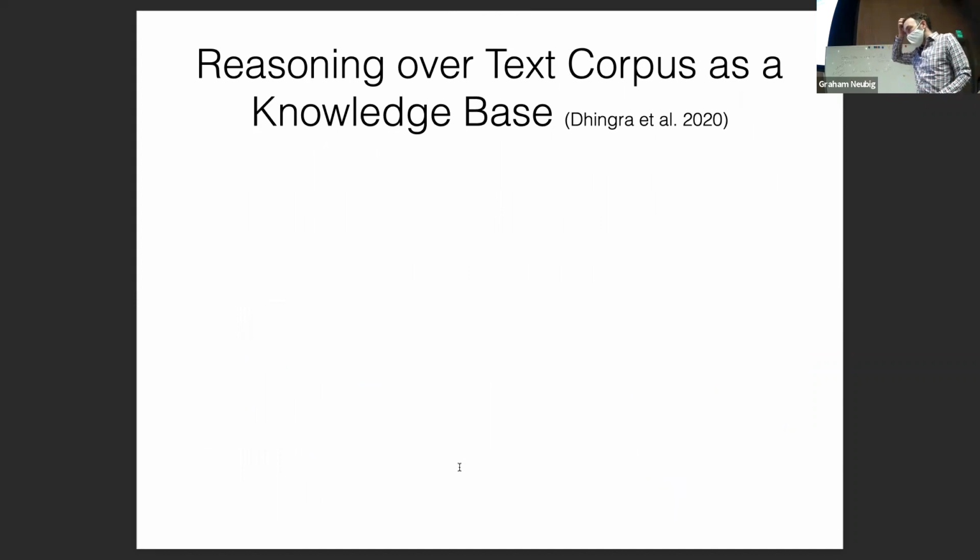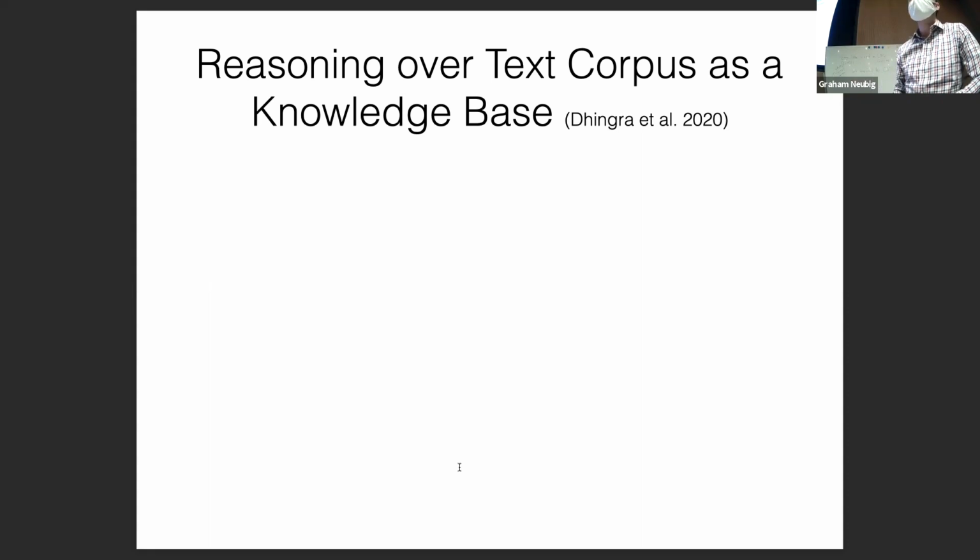Cool. So another piece of work that I have worked on previously and I'd like to introduce now is that you can also combine the ideas of textual reasoning and knowledge bases. One of the good things about knowledge bases is you can reason over paths between entities.